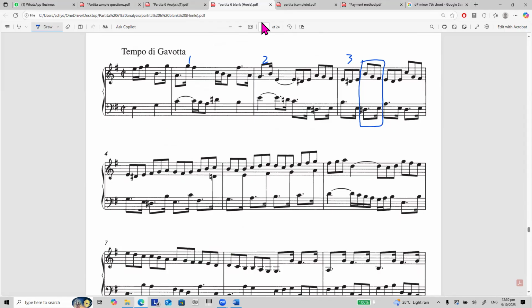So you can see that in the beginning, there is this hidden double note motif from the fugue, modified from the opening of the fugue in the first movement.